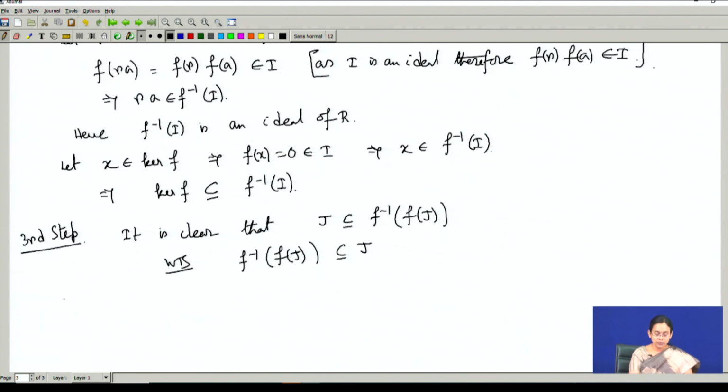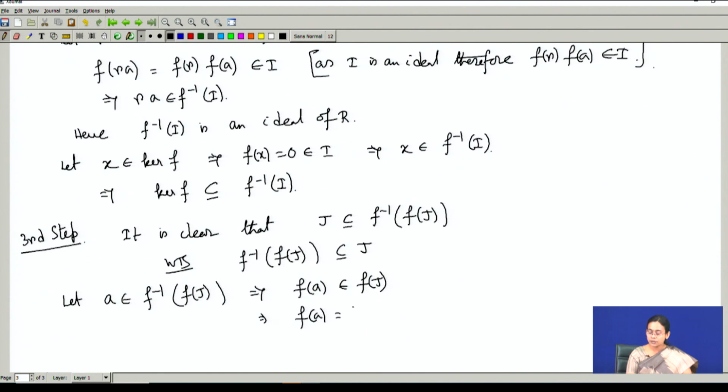So, in order to prove that, let us start with an element a in f inverse of f of J. So, this implies that f of a belongs to f of J. Now, this means that f of a can be written as f of some x for some x in J, because this is in f of J. So, now this says that f of a minus x is equal to 0.